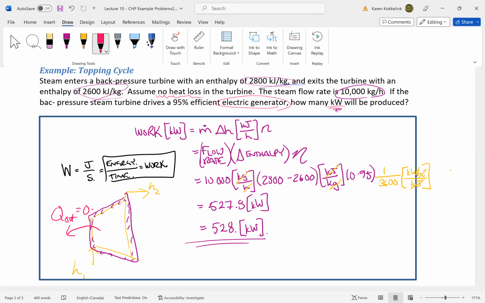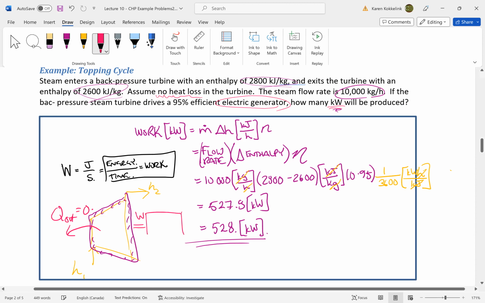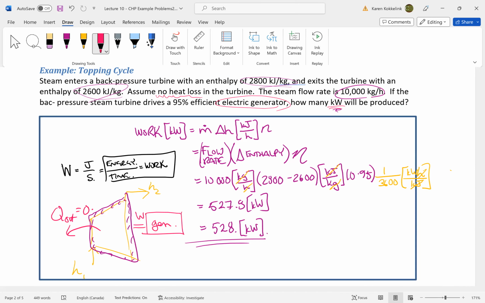So just looking at the flow rate of the steam going in and the amount of enthalpy it lost, and the fact that it is a 95% efficient generator that this work is going into, then we would expect 528 kilowatts of energy.